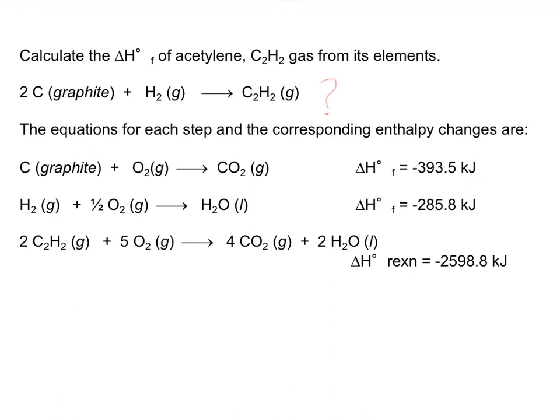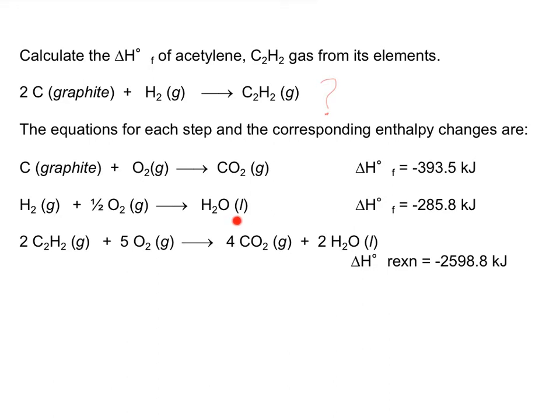On the other hand, we can also burn hydrogen. Hydrogen is one of the reactants here. We can burn hydrogen in oxygen to get water. The enthalpy change of this reaction is the heat of formation of water. Why is that?